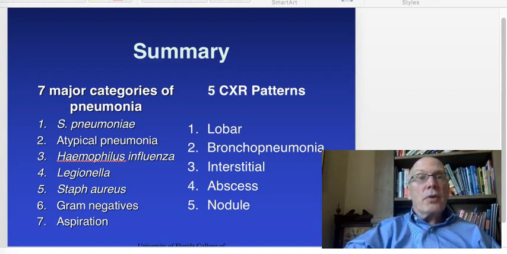There are 7 major categories of pneumonia: strep pneumoniae, atypical pneumonia, Haemophilus influenzae, Legionella, Staph aureus, gram-negatives, and aspiration pneumonia. And there are 5 chest X-ray patterns: lobar, bronchopneumonia, interstitial, abscess, and nodule.